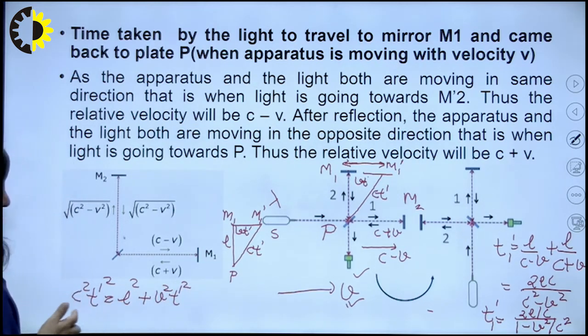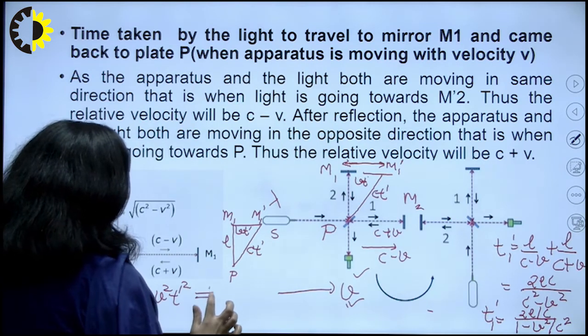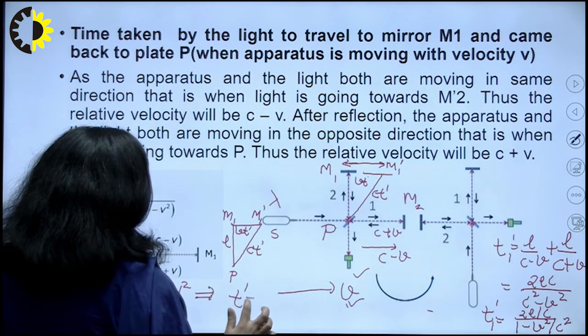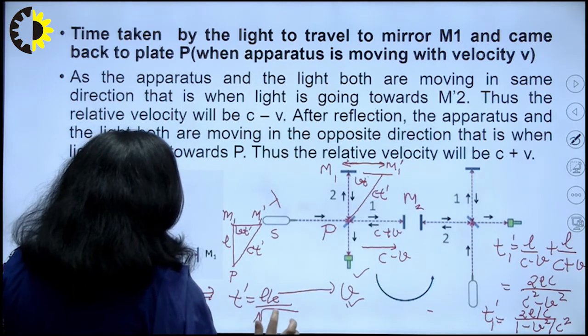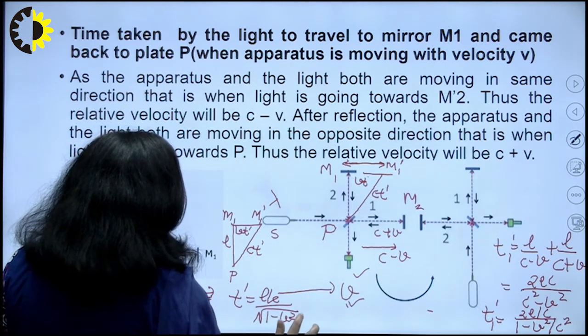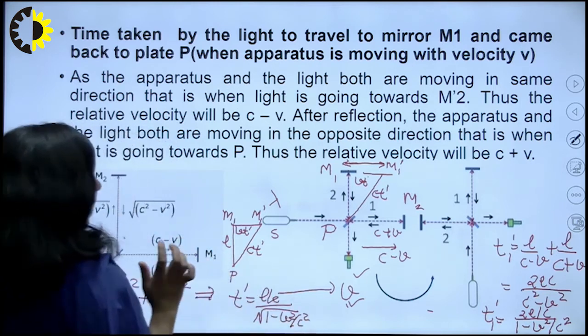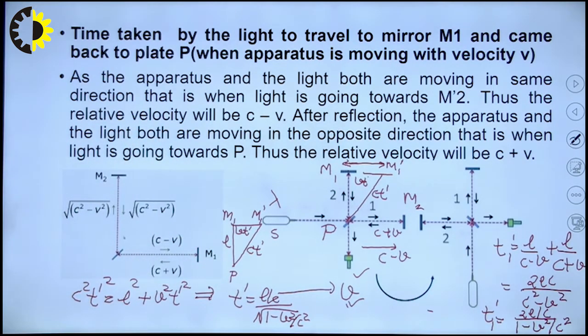You just have to simplify it, and after simplifying we will find the value of t dash. Your t dash is L by C upon under root 1 minus V square upon C square. Just simplify it and find the value of t dash.